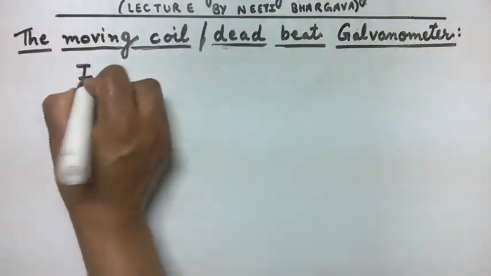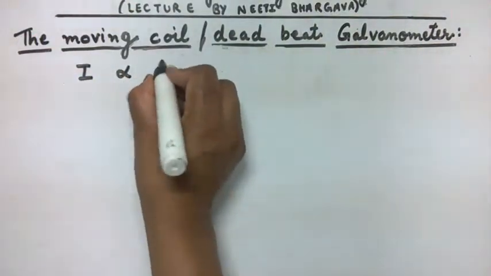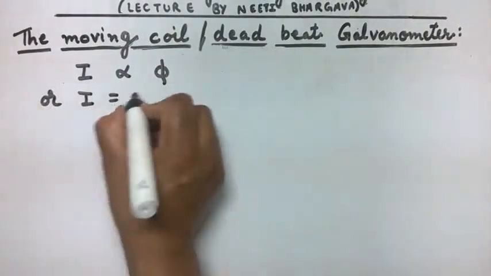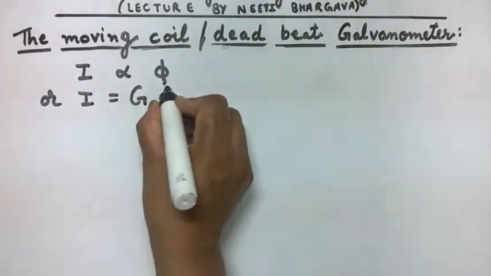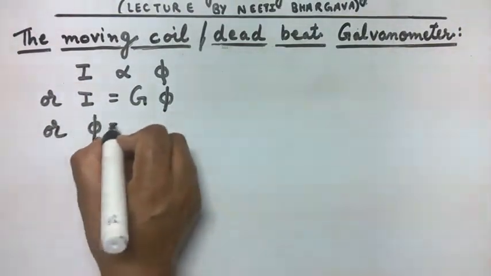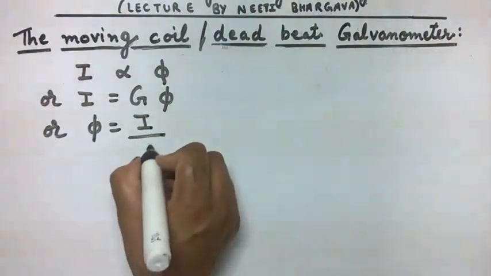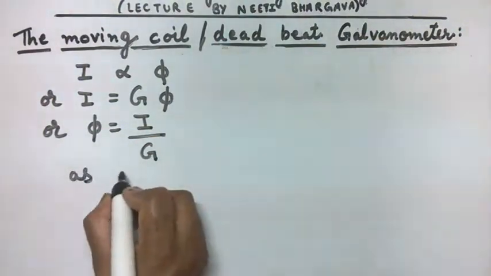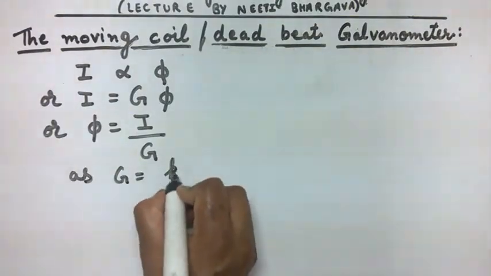Thus, we have studied that current is directly proportional to the deflection in the galvanometer, or current is equal to galvanometer constant into deflection, or we can write deflection equal to I by G, as G is equal to K by NBA.